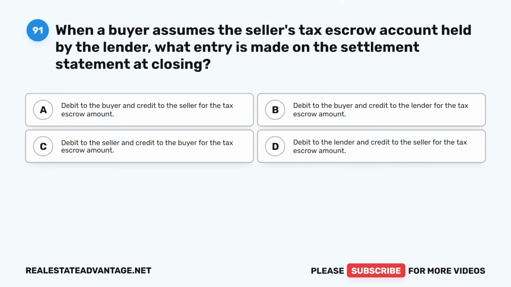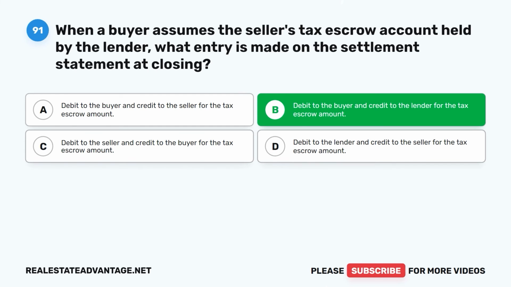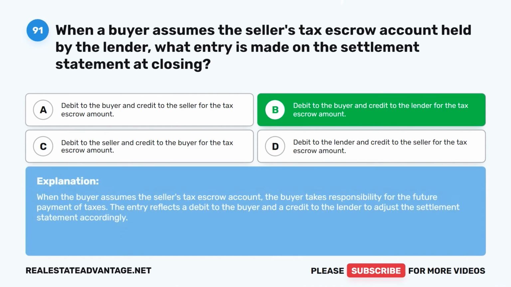D. Debit to the lender and credit to the seller for the tax escrow amount. The correct answer is B. Debit to the buyer and credit to the lender for the tax escrow amount. When the buyer assumes the seller's tax escrow account, the buyer takes responsibility for the future payment of taxes. The entry reflects a debit to the buyer and a credit to the lender to adjust the settlement statement accordingly.